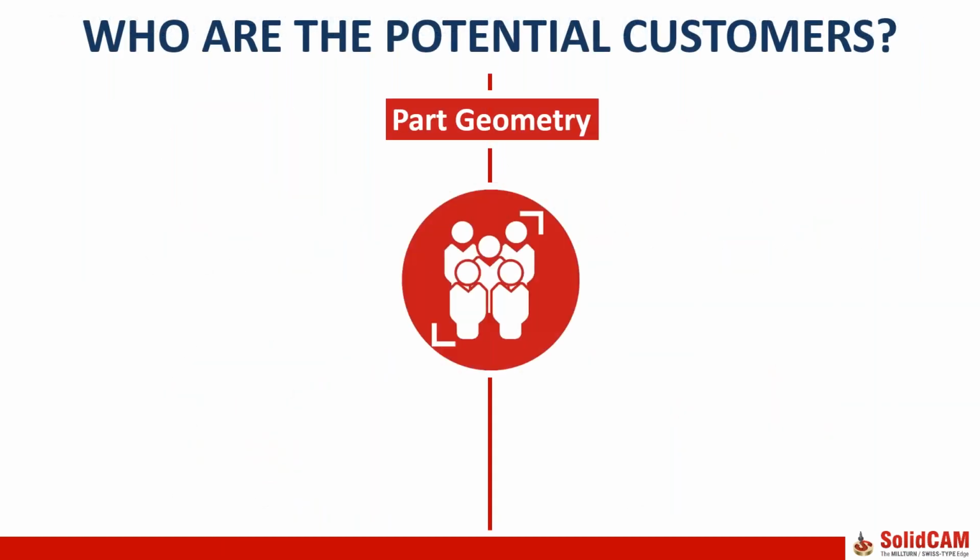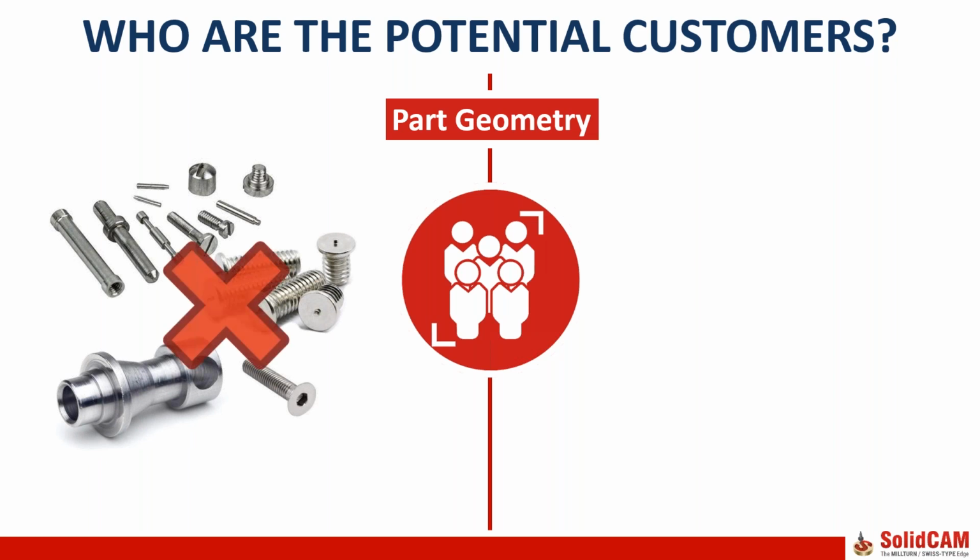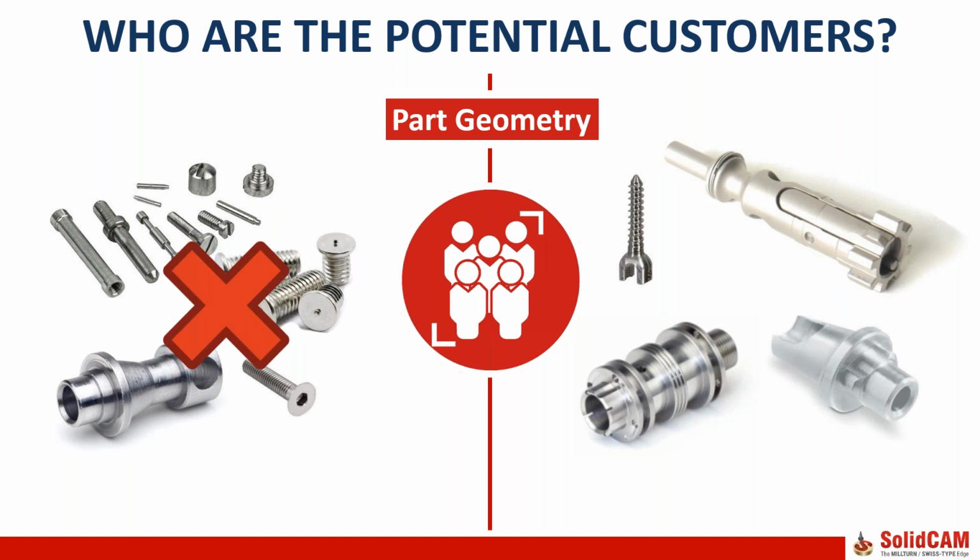Who is our potential customer for it? I think we already covered this. Just one disclaimer: not everyone who has a Swiss type machine really needs a CAM system. If they are producing very simple and short parts, it's easy for them to create the program and cut. The more complicated the part, the better for us.